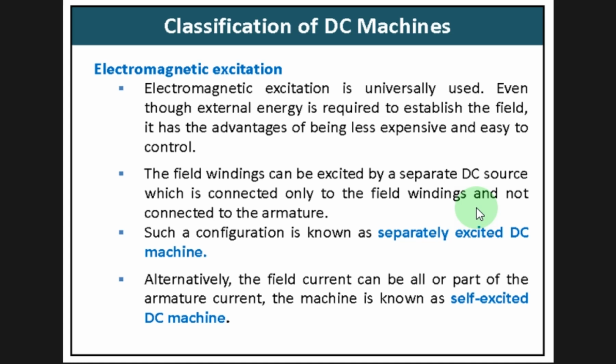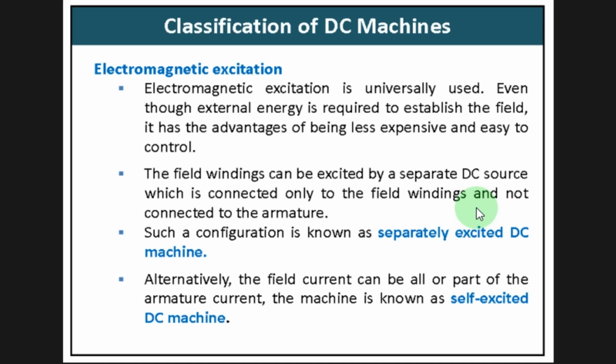A DC source. So that is called the field. That field can be supplied externally by a separate DC source. Then it is called separately excited DC machines.